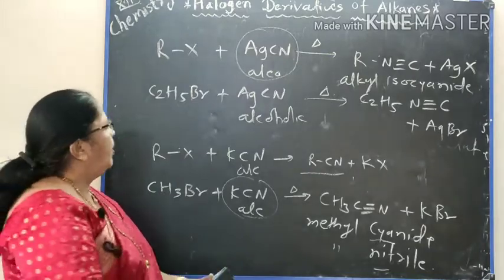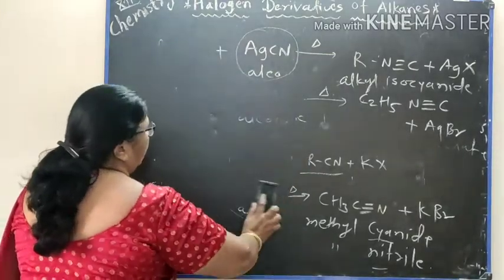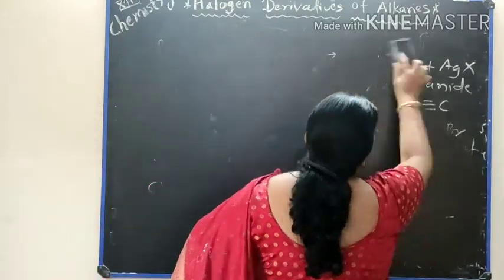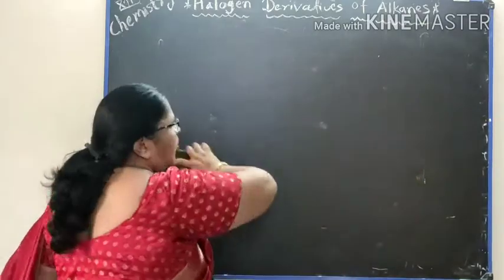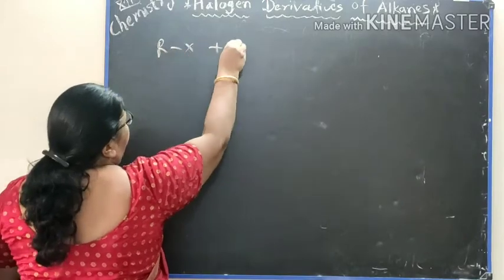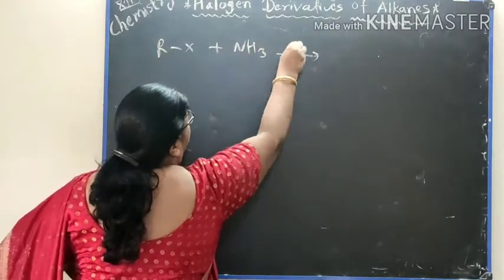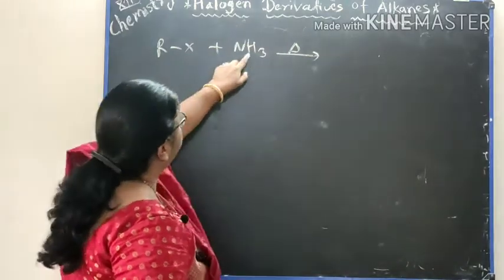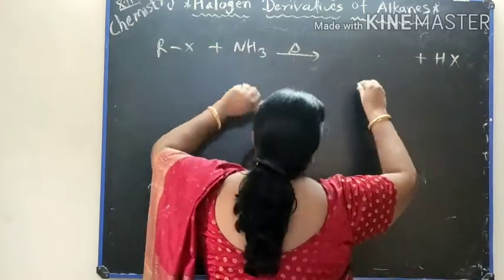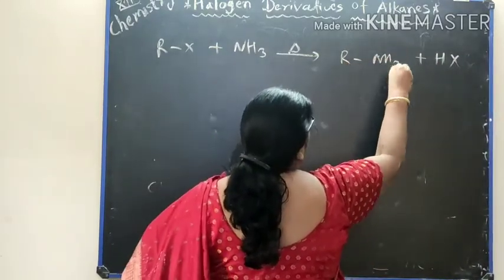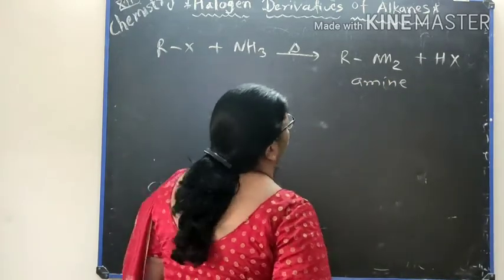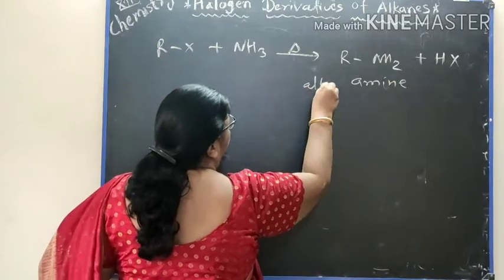Then we will see how we prepare amines from alkyl halide. You know that the molecular formula for ammonia is NH3. Suppose alkyl halide RX is treated with ammonia, NH3. What happens here? The H and X produce HX, and at the same time the R attaches to the NH2, that means RNH2, which is nothing but the alkyl amine.